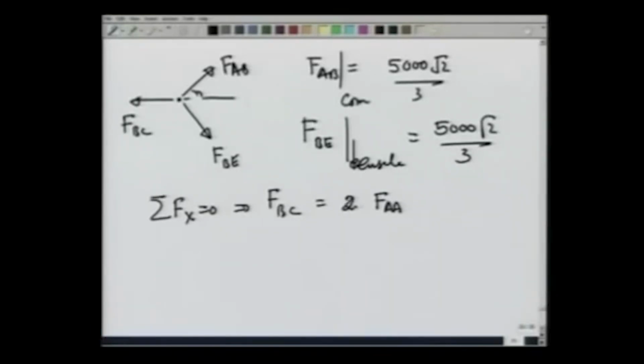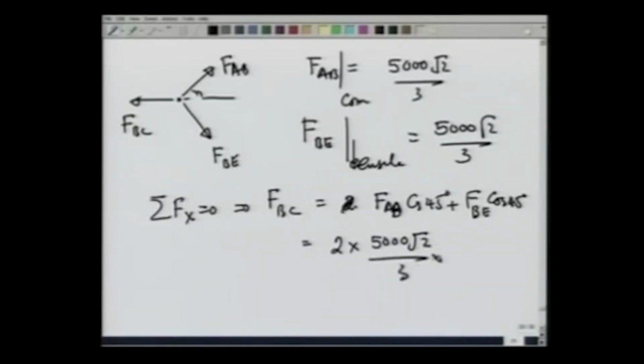So, I can write this as actually FAB cosine 45 plus FBE cosine of 45, which comes out to be 2 times 5000 root 2 over 3 times 1 over root 2, which comes out to be 10,000 over 3 newtons.